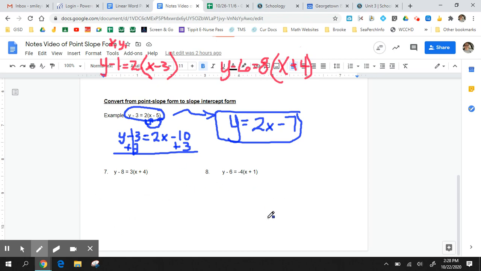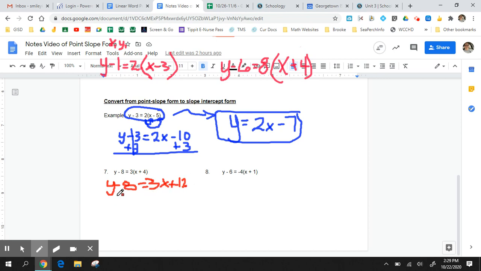If you want to try and work them, and then unpause, and we will work them out together and see if you got them right. All right, welcome back. I'm going to change this color. So I'm going to do distributive property first. So I have y minus 8 equals 3x plus 12.